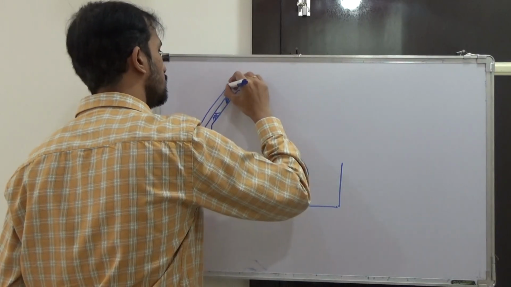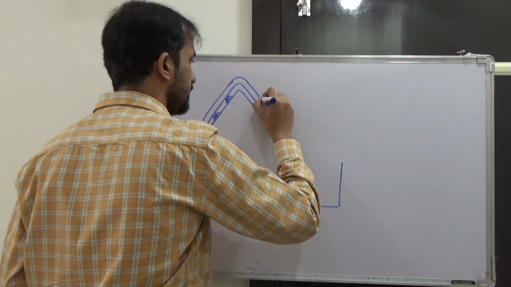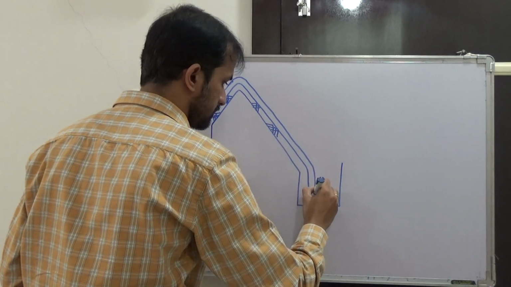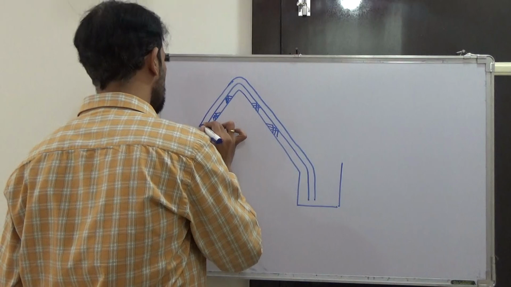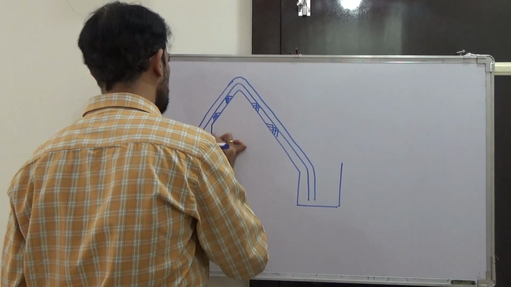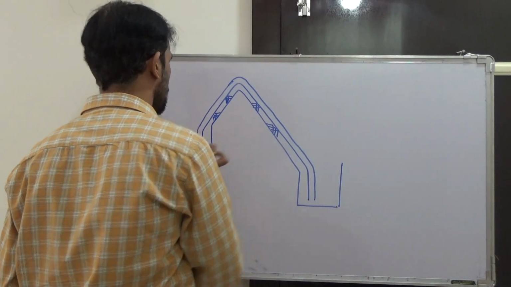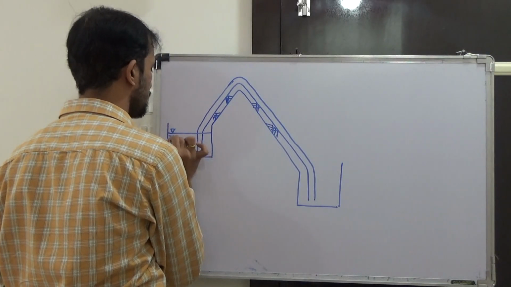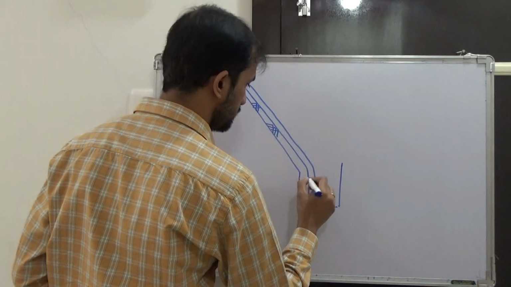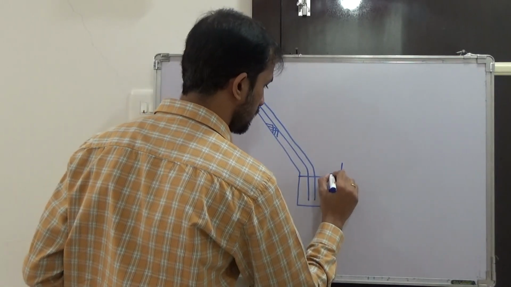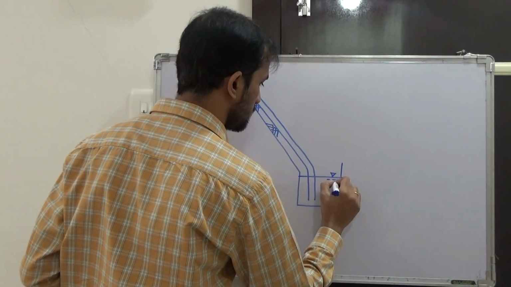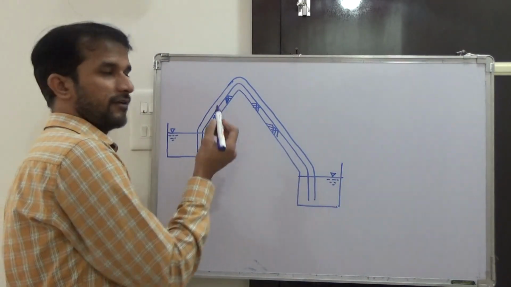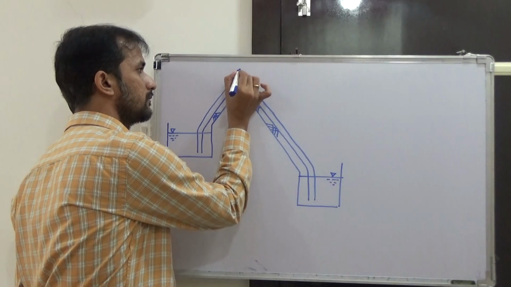So this is your tube mounted on the hilly area. It goes deep into the second reservoir, and this end goes deep into the first reservoir. This is the level of the first reservoir, and this is the level of the second reservoir.